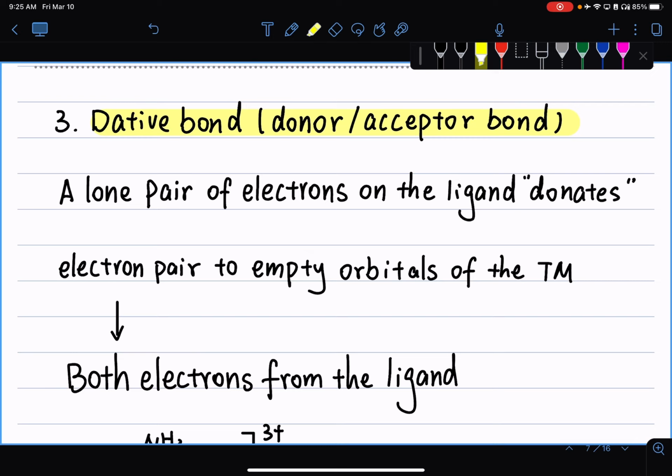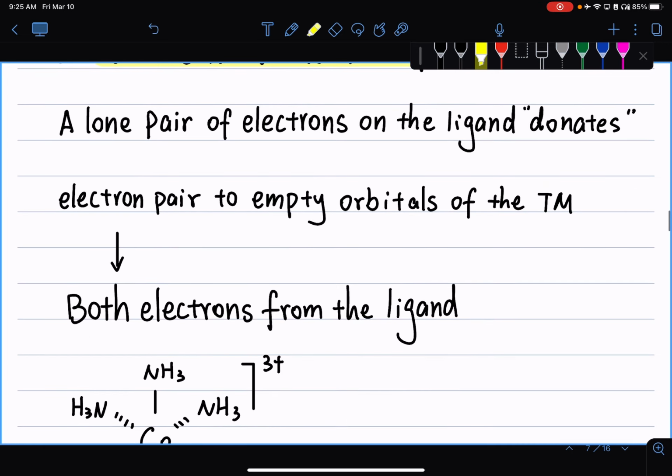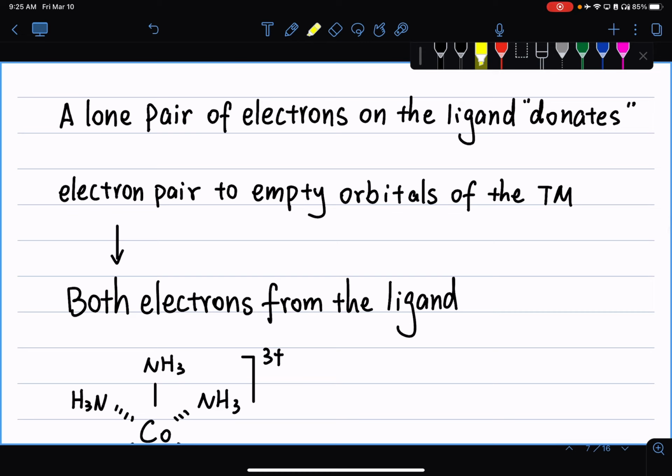In a dative bond, or donor-acceptor bond, a lone pair of electrons on the ligand donates both of its electrons to an empty orbital on the transition metal. So both electrons in that dative bond come from the ligand. That's the major difference here.